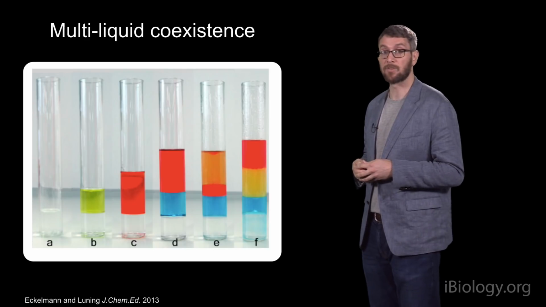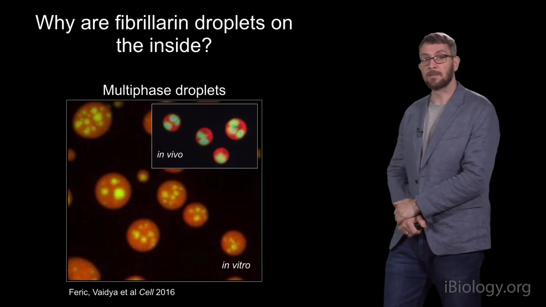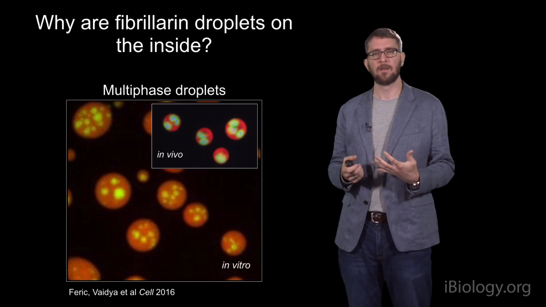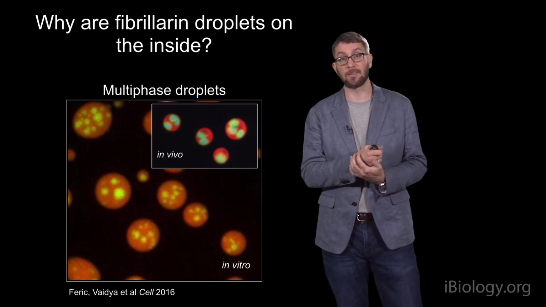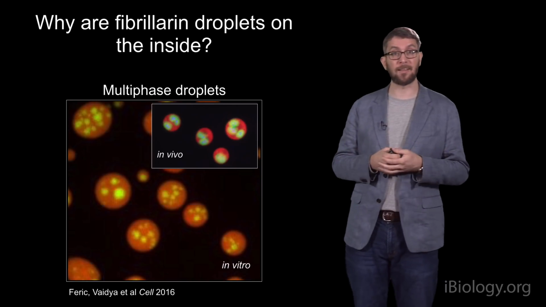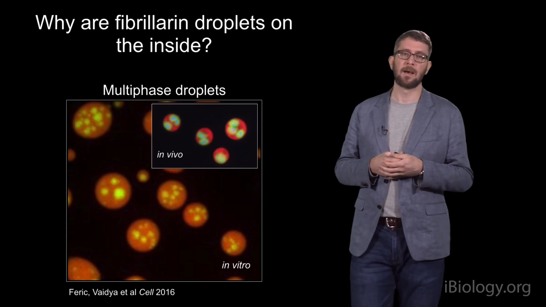One of the questions that we asked in doing these experiments is, why would fibrillarin droplets be on the inside? In other words, why is the green inside the red? Why isn't the red inside the green, for example? That would seemingly be just as valid. You'd have immiscibility; they're not mixing with one another.